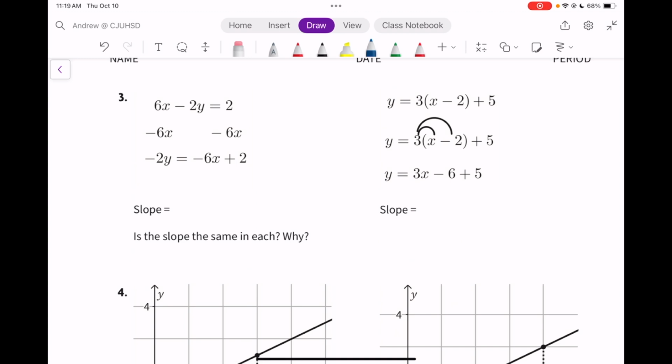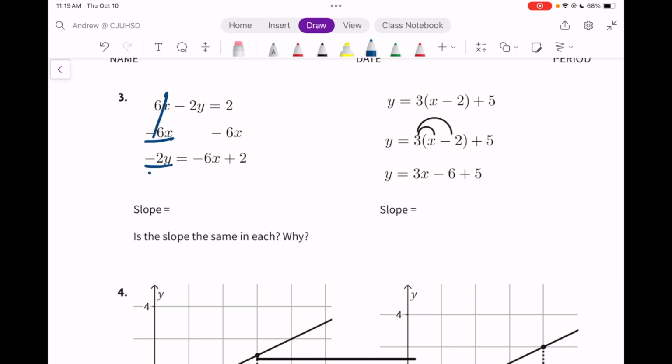Here's something you might have done in junior high, you may have forgotten it. When we have an equation solved for y, something special happens with the slope. In fact, this one is almost solved for y. See, the negative 6 and positive 6 would cancel.